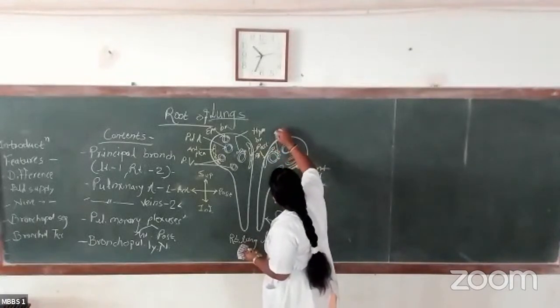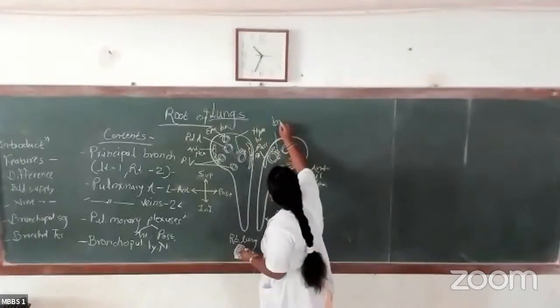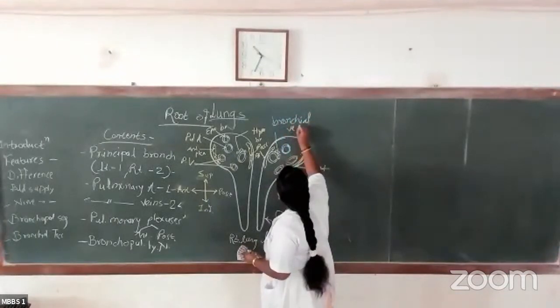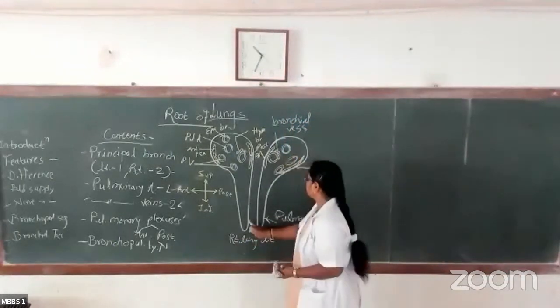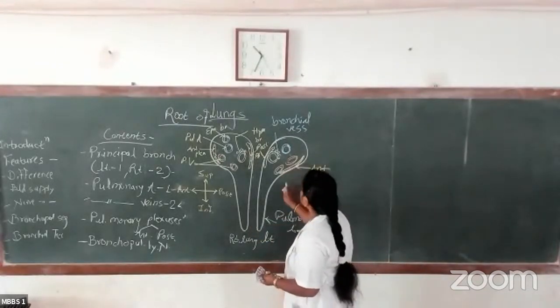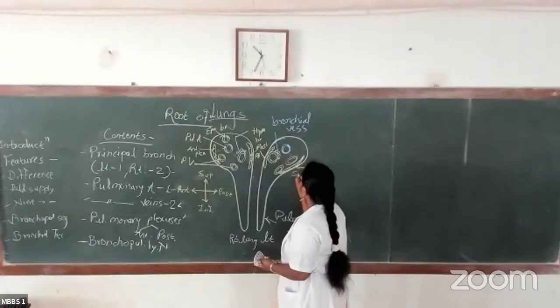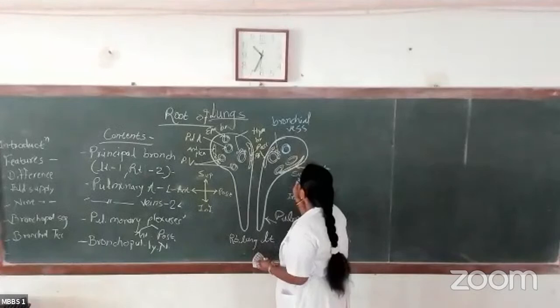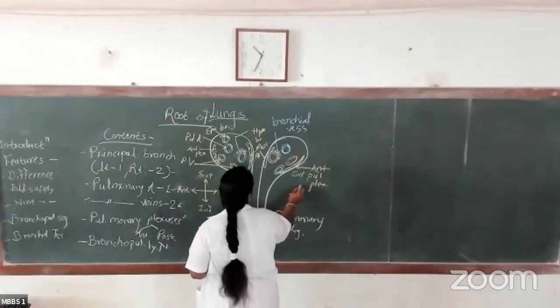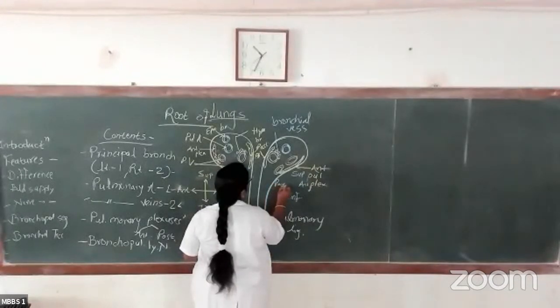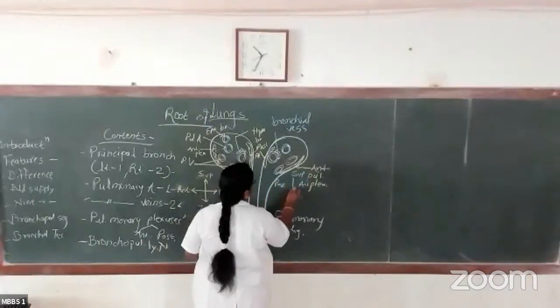So these are the bronchial vessels. And this is the pulmonary ligament. This is the superior aspect, this is the inferior aspect. Now here, it is anterior and it is the posterior, like this.